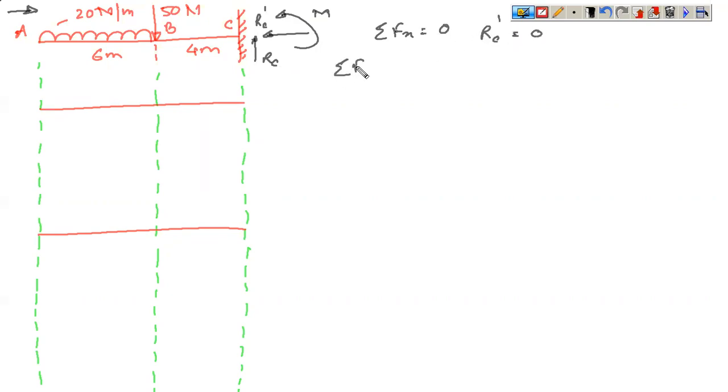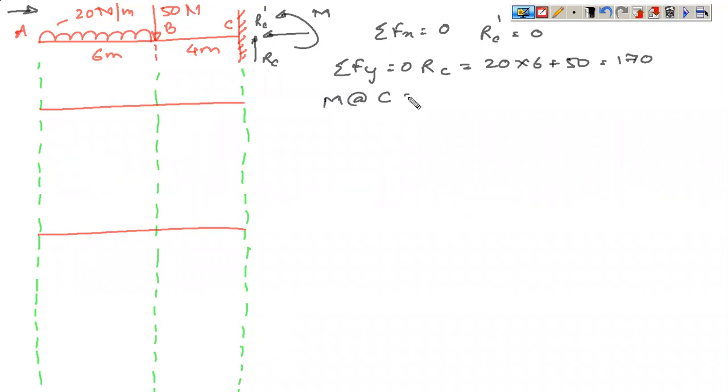If you write sigma Fy equal to 0, you have RC equal to 20 into 6 plus 50, which is 170. The sum of all upward acting forces is equal to the sum of all downward acting forces. Downward acting is 20 into 6 and another 50, and this is RC. So this is 170.